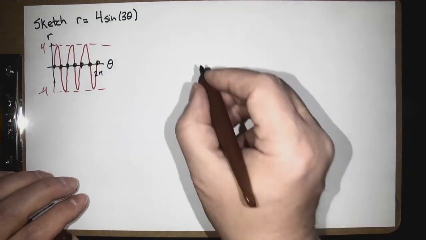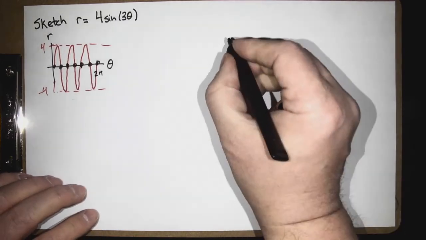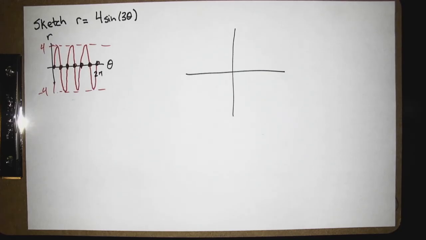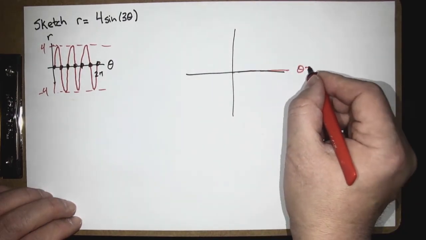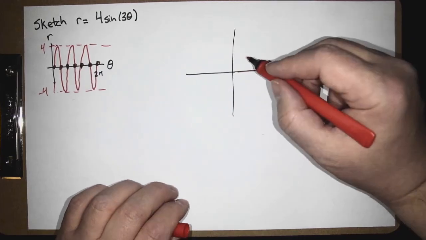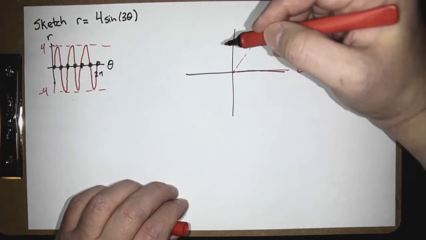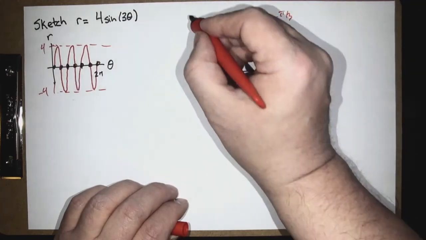Okay, so you might recall I said, when you have zeros, and this is really true when you cross, it's very convenient to mark these with dotted lines. You should think of these as behaving like asymptotes. So we have a 0 at theta equals 0. Pi over 3, that's like 60 degrees. 2 pi over 3, that's over here.